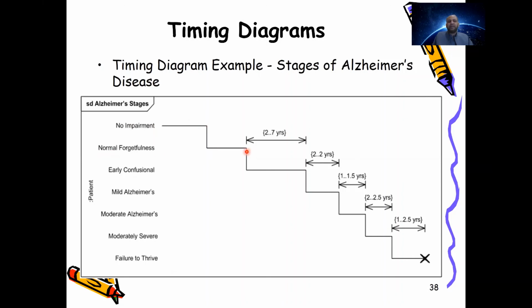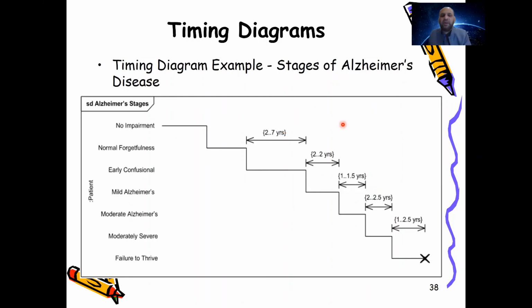It may last from 2 to 7 years. Then early confusion, around 2 years. Then mild Alzheimer's. So the timeline of every stage of the disease has been given in the timing diagram.